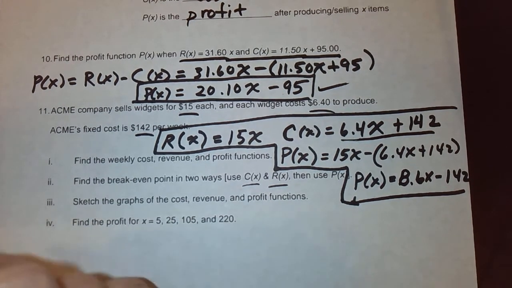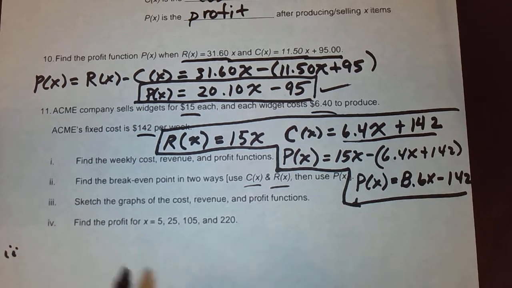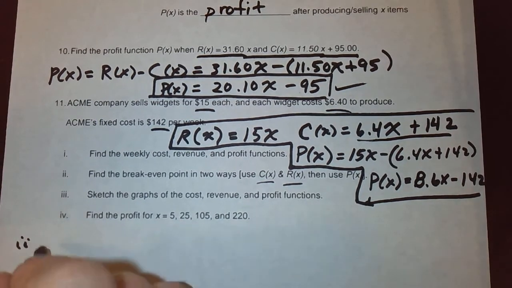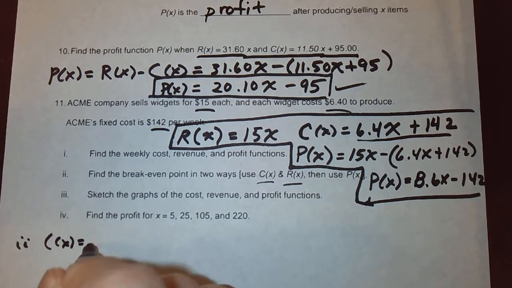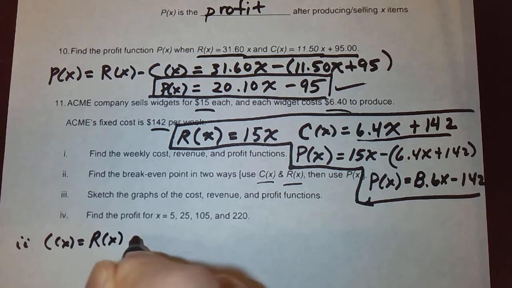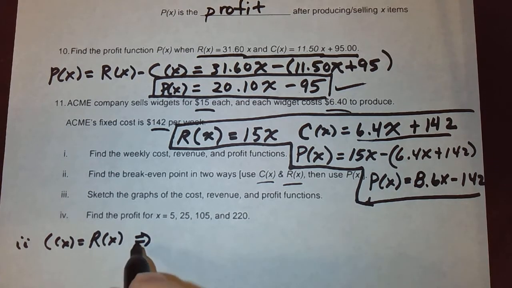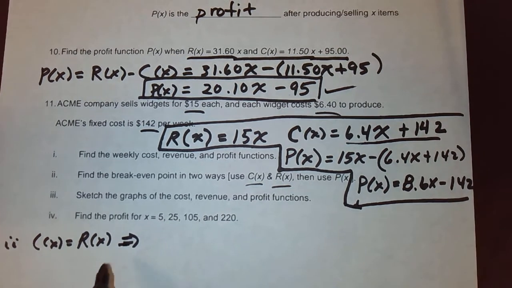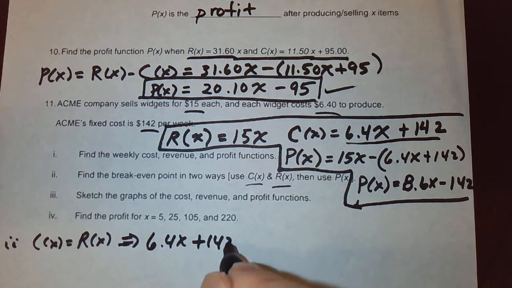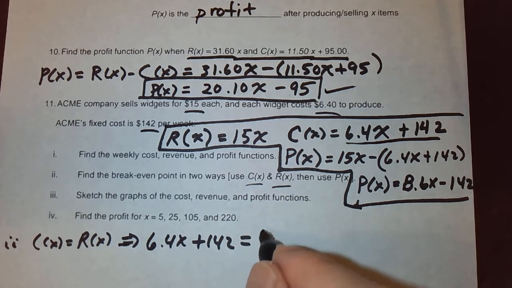So the cost function, we're on number 2, equals the revenue function. Well, that's an arrow. That means that cost function 6.4x plus 142 is equal to the revenue function, which was 15x.